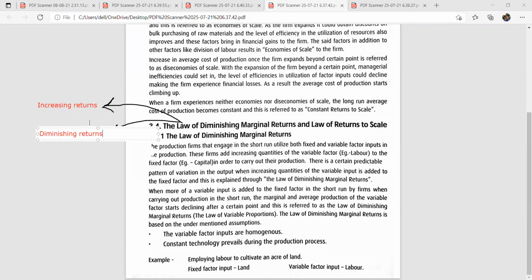Increasing returns actually implies a rise in productivity.